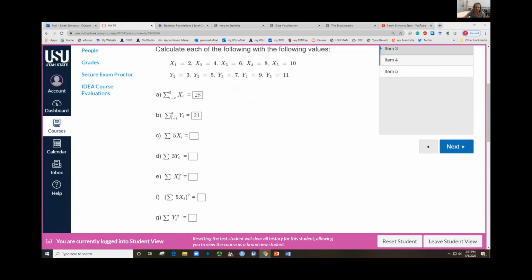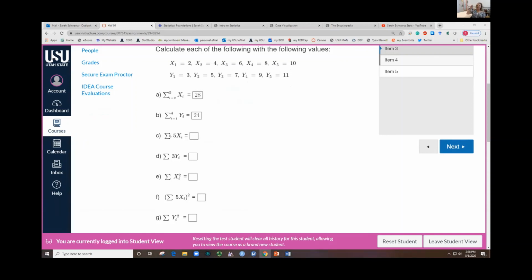All right, so those first two. Now on C, the sigma doesn't have any number underneath it or on top of it. If those i equals starting number to ending number are missing, that means do all of them. So on C, it says 5xi.